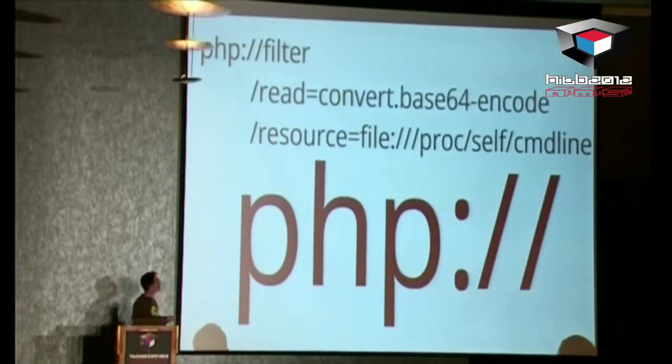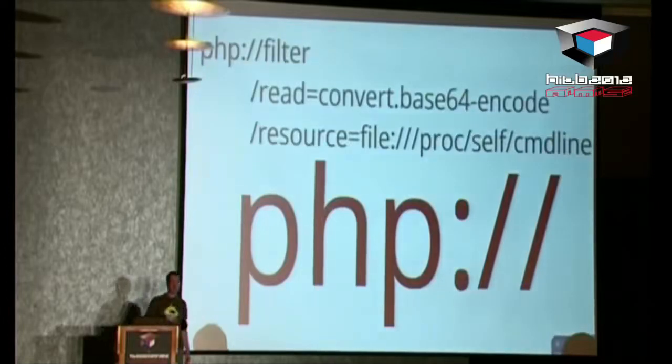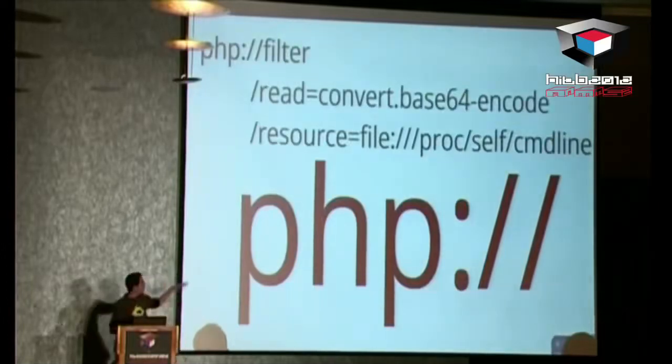This means that you open this kind of URL, and each time you call read on the file descriptor, you will get a base64 encoded result. So this file in proc will contain some null bytes every time. And using this trick, you can get the base64 version and decode it later.